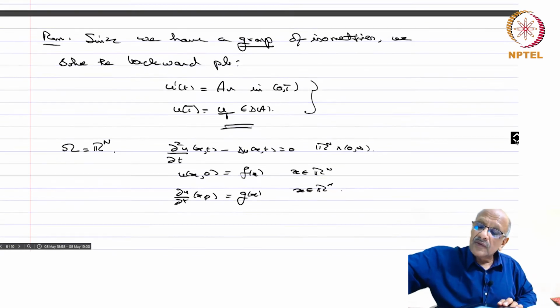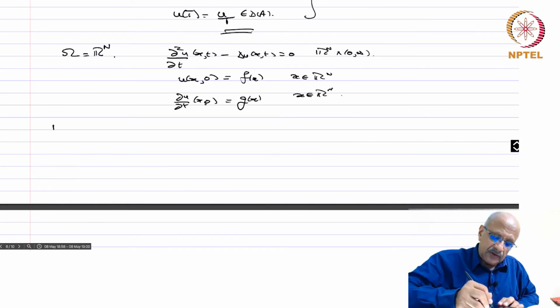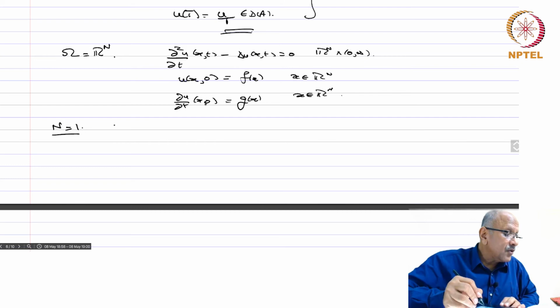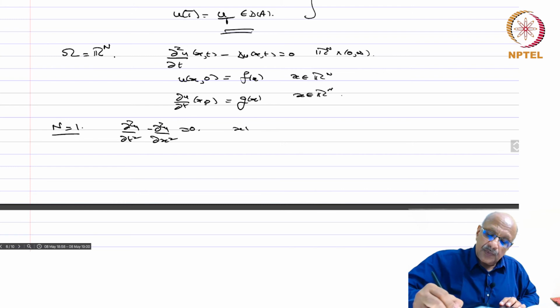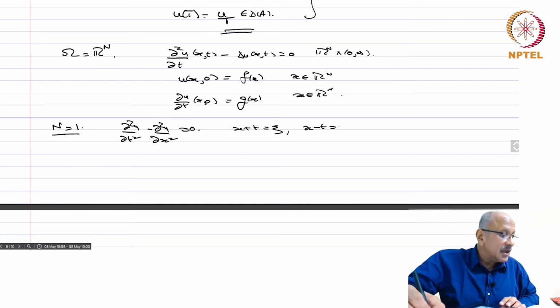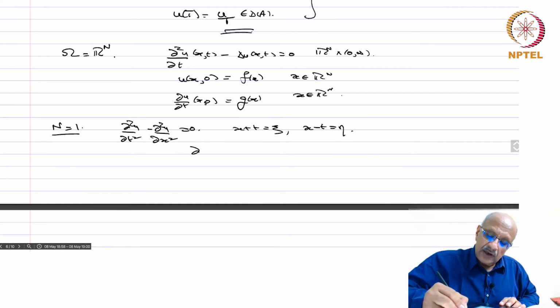Now I will concentrate on the case n equals 1. So you will have ∂²u/∂t² minus ∂²u/∂x² equal to 0. If you put x + t equal to ξ and x − t equal to η, then you get ∂²u/∂ξ∂η equal to 0.